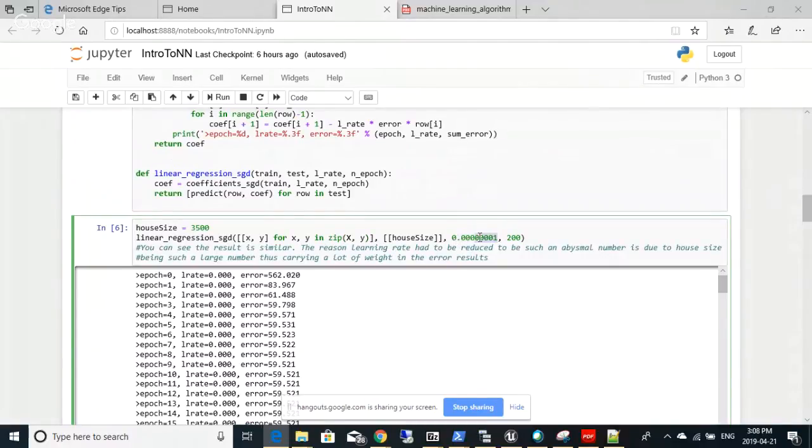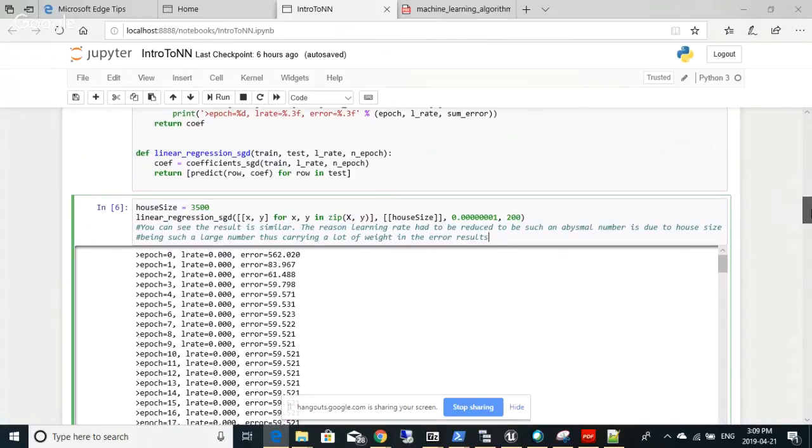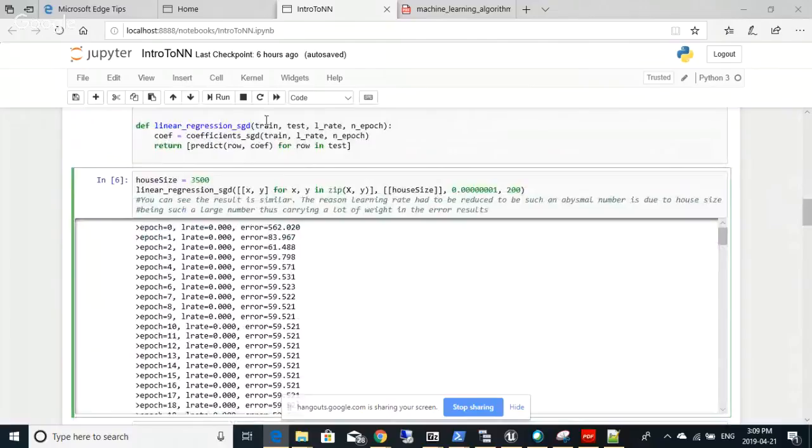The reason is that your x variable is very large, in the thousands, and it gives a lot of weight to your errors. If you use a large learning rate, it will overshoot your gradient and never converge. In fact, it will give you an overflow error somewhere.